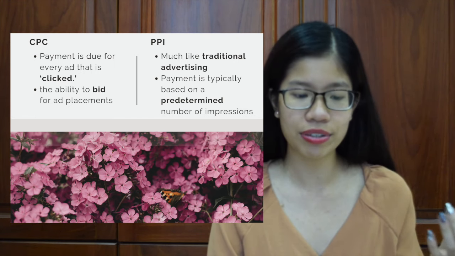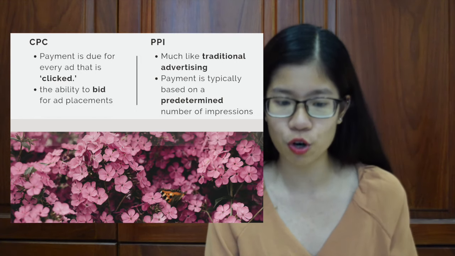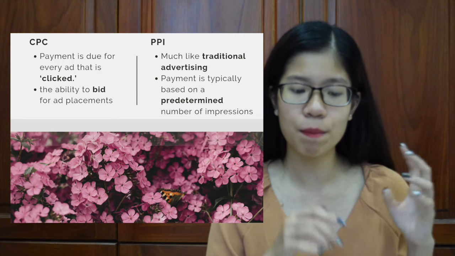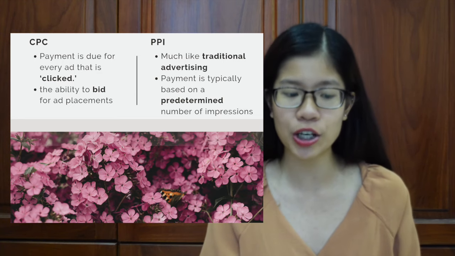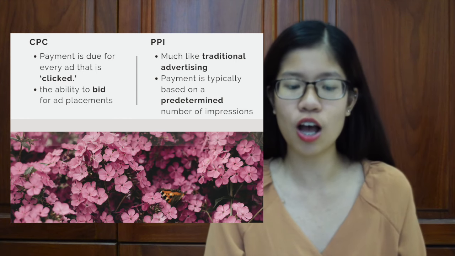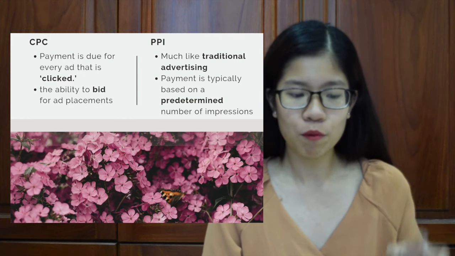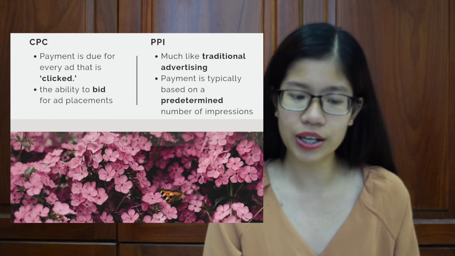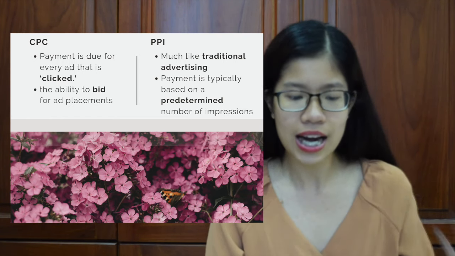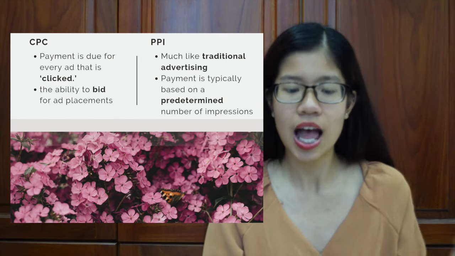Banners or other advertisements are placed according to the terms of a contract. Payment is typically based on a predetermined number of impressions, generally set as 1,000, thus naming it cost per mille. While advertisers are paying for each instance of the advertisement, it is generally less expensive than cost per click.